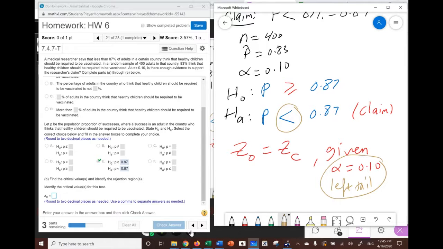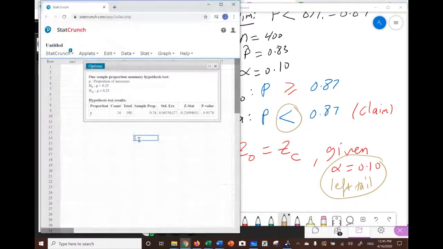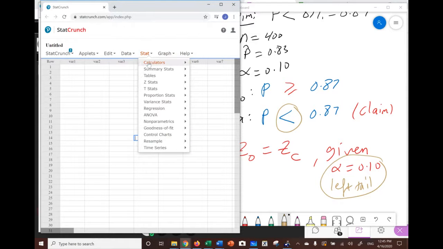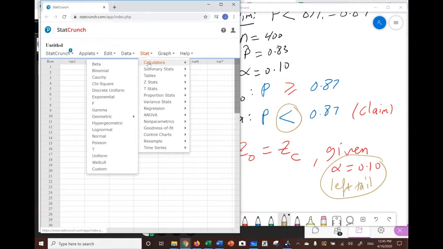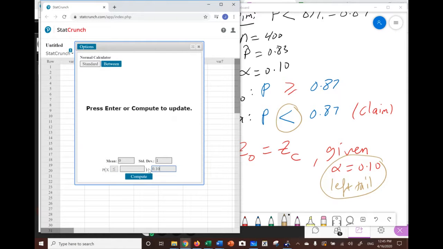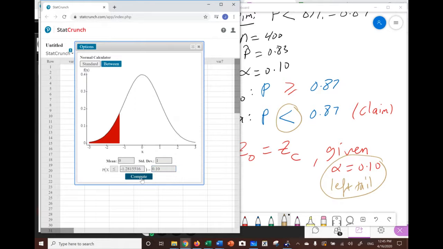Let's go back to StatCrunch and do this. We go to Stat, and then Calculators, because critical is always calculators. Normal. Notice that this is a left tail, so just keep it left, and go to the last box and put in the 10% that they are giving us. Notice the picture confirms this is a left test and gives us the critical value.